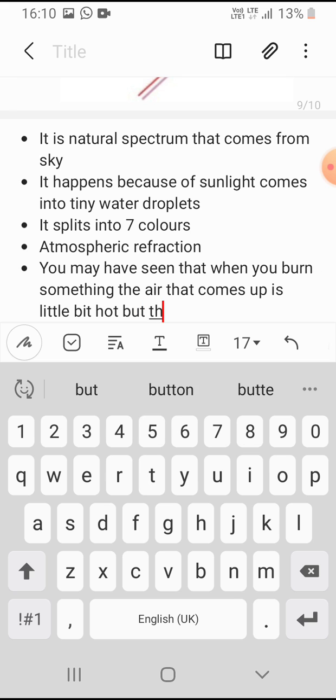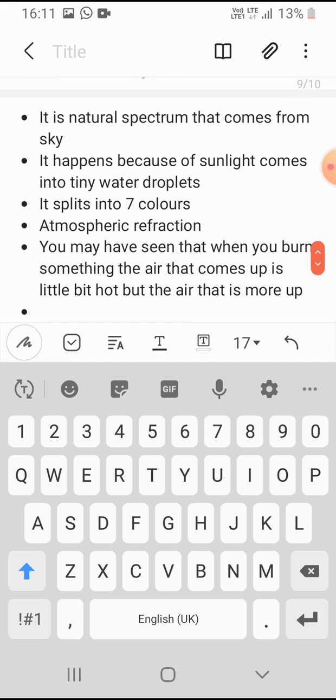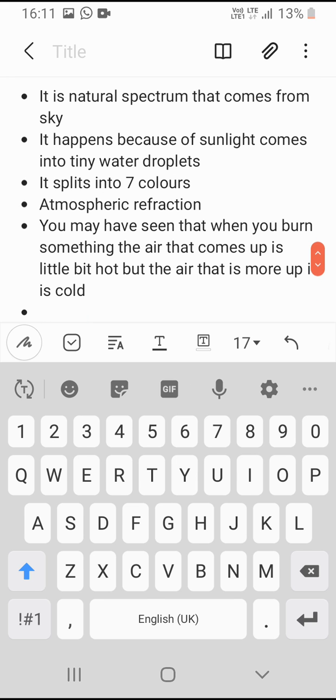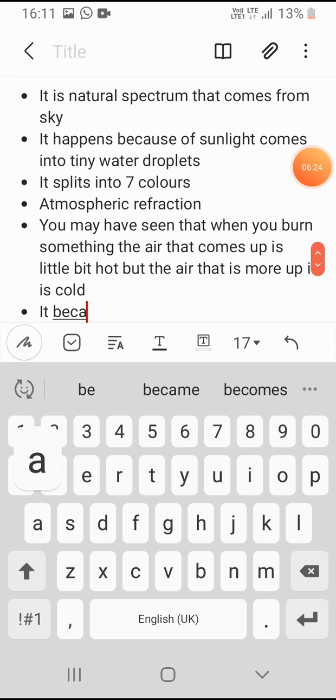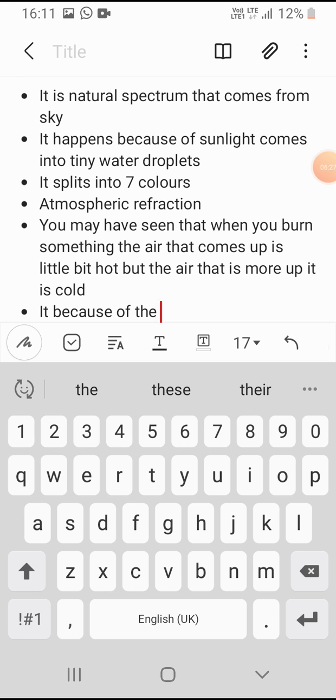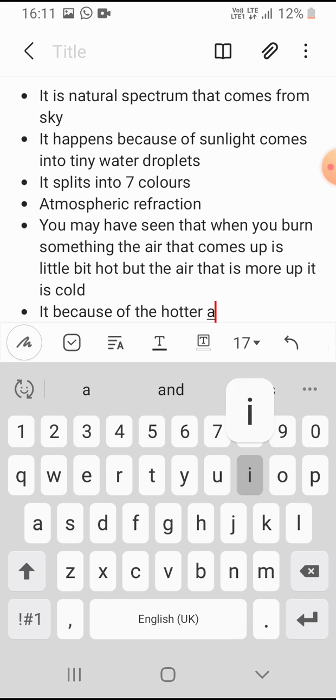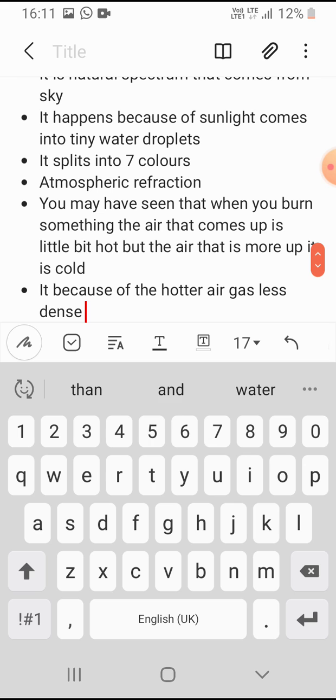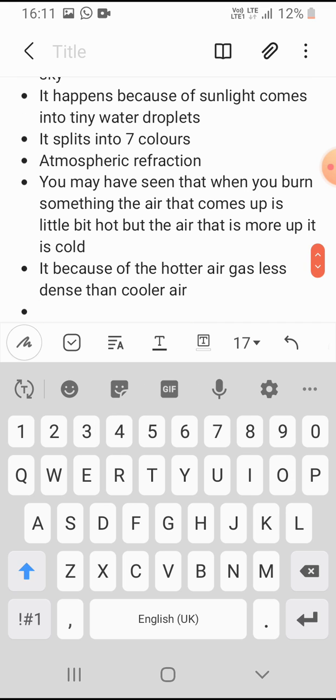But the air that is more up is cold, not hot. Why? It is because of the hotter air. The hot air has less density than the cooler air. The air that is cool is denser, while the hotter air is less dense.